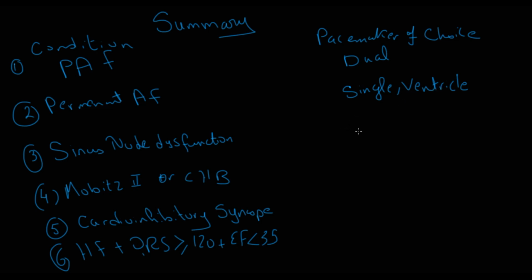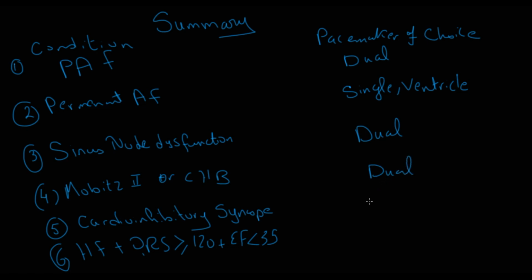Sinus node dysfunction, you can use a single atrial lead, but the preferable one of choice is again the dual chamber as a preemptive measure. AV node block, the best thing to use is dual chamber.